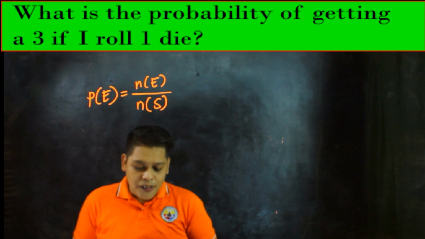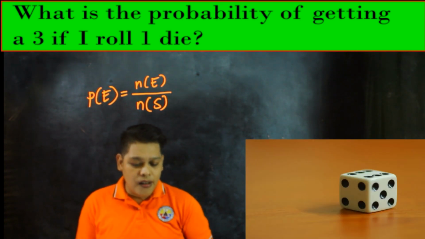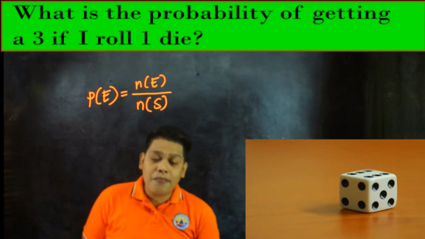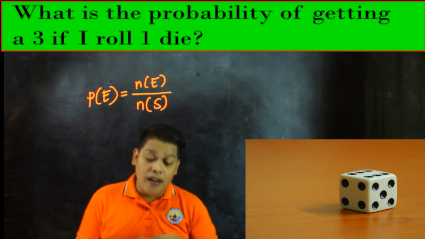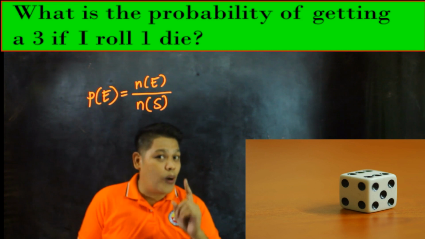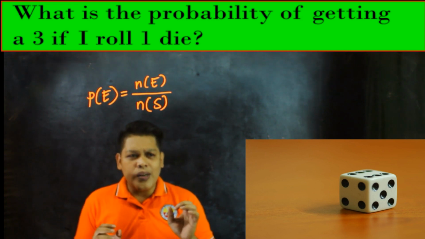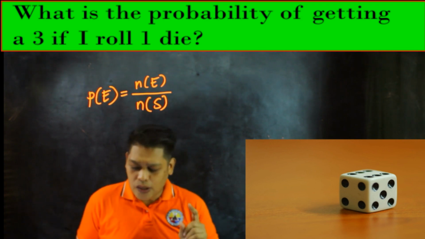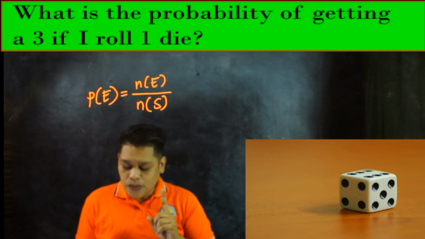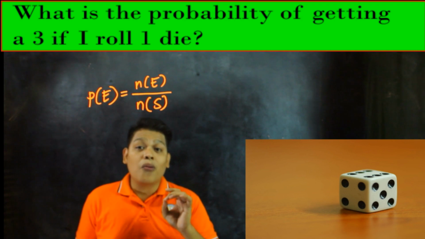So for example, number 1, what is the probability of getting a 3 if I roll a die? One die. So what is the probability of getting 3 if I roll 1 die? We are going to find what our event is.